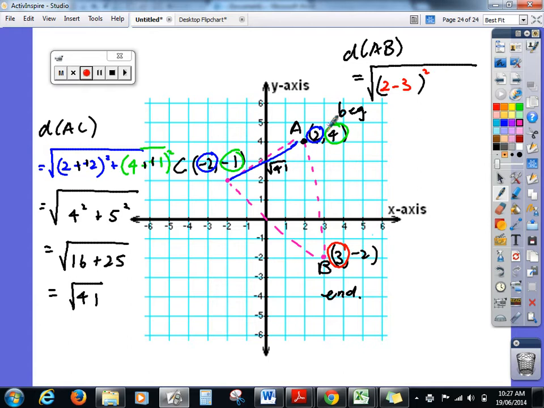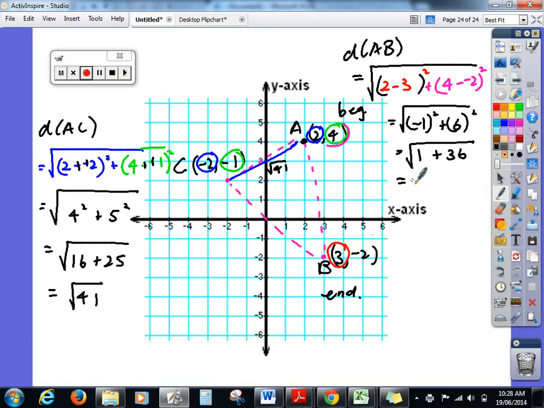And the next one is plus 4 take -2. Don't put the bracket, and square it. The double negative, once again, becomes positive. So it equals -1 squared plus 6 squared. Now, the -1 squared becomes -1 times -1, so it becomes positive, so we have no problems. That's 1 plus 36, and that's root 37. So that side's root 37.